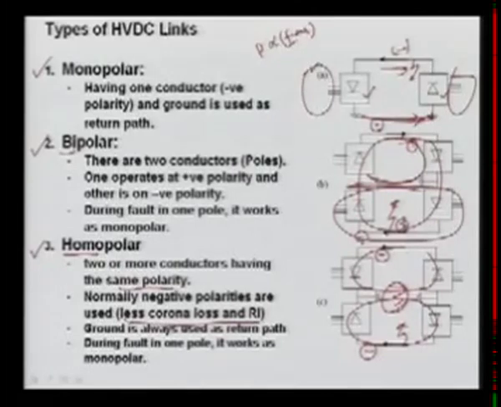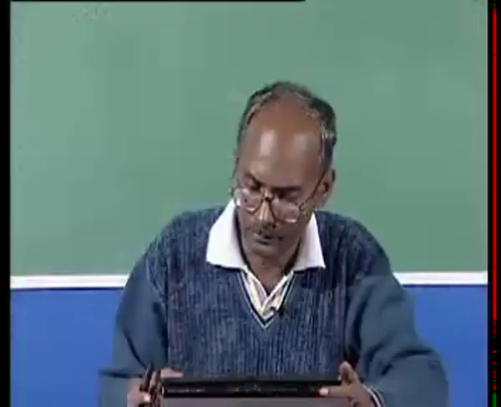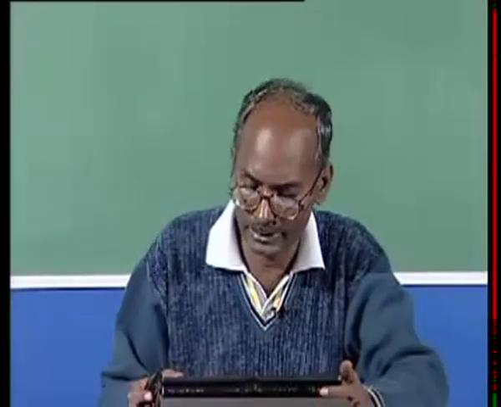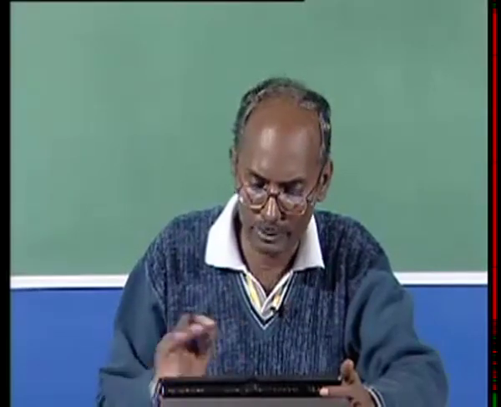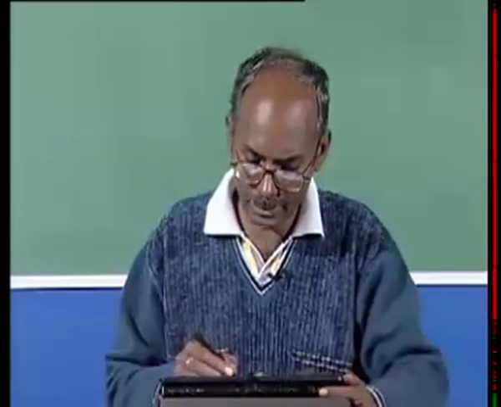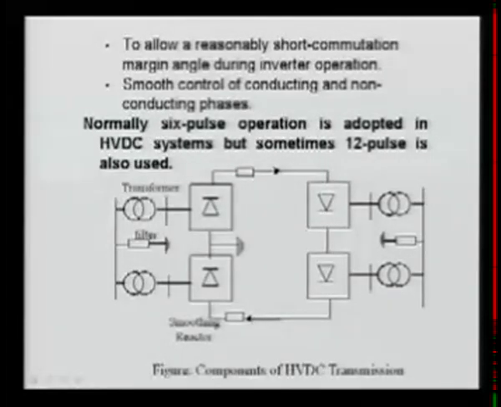Now let us go to the basic principal part of the HVDC system. Now I will show this figure. First see this, the components of HVDC transmission. Here you can see, it is a bipolar.